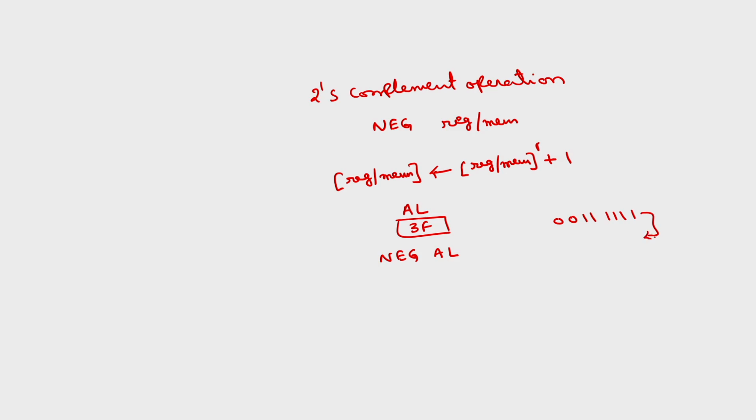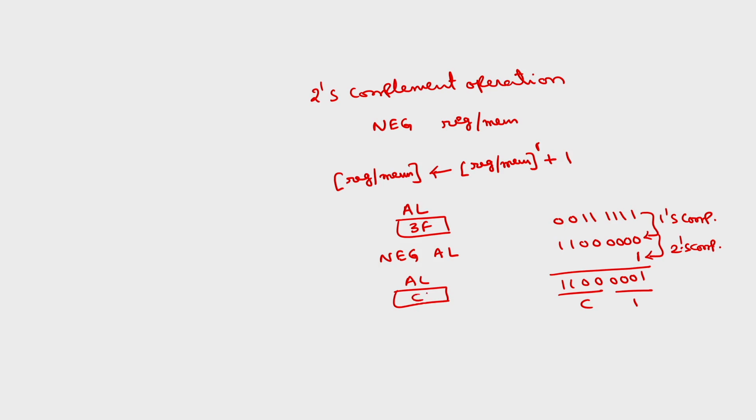The 1's complement will be 1 1 0 0 0 0 0 0. For the 2's complement, you have to add 1. So this becomes 1 1 0 0 0 0 0 1. This is C1. So the contents of AL becomes C1.